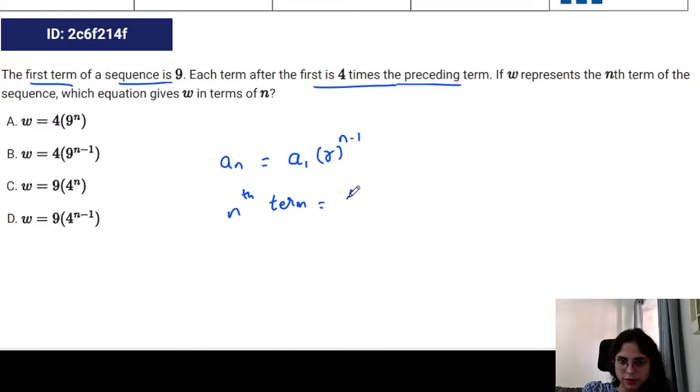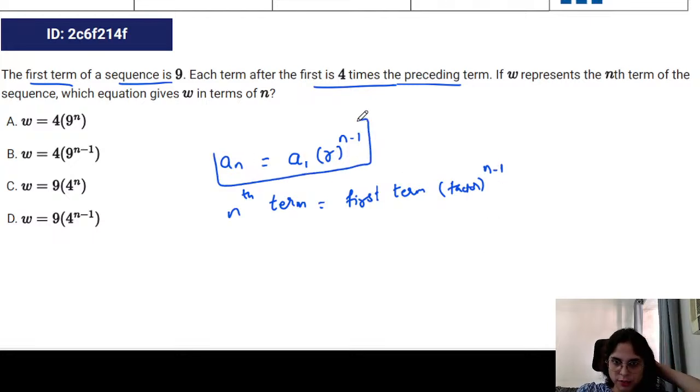Your nth term is the first term times your factor, known as the common ratio, r to the power n minus 1. So you just have to apply this formula.